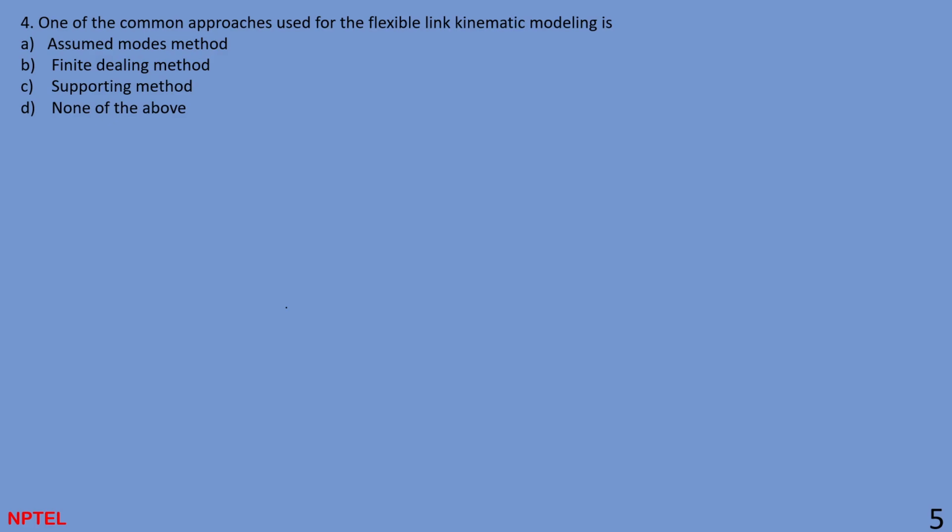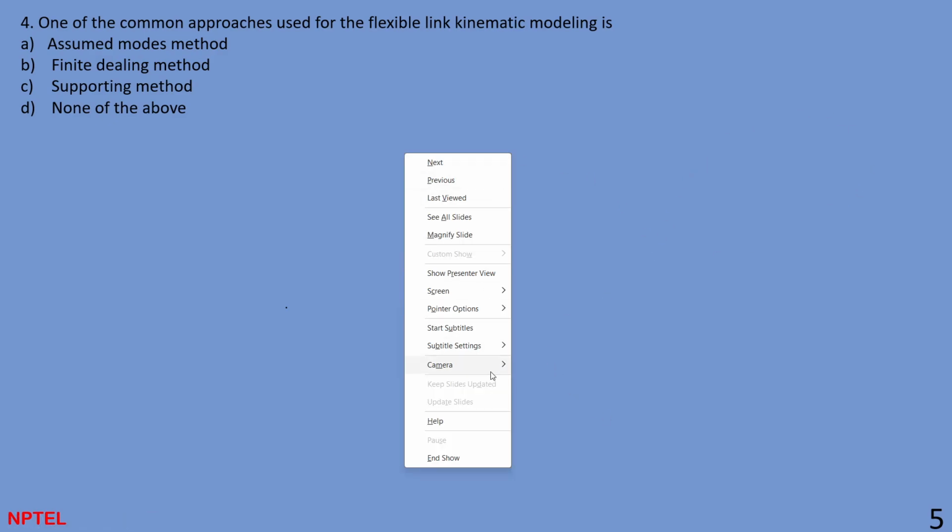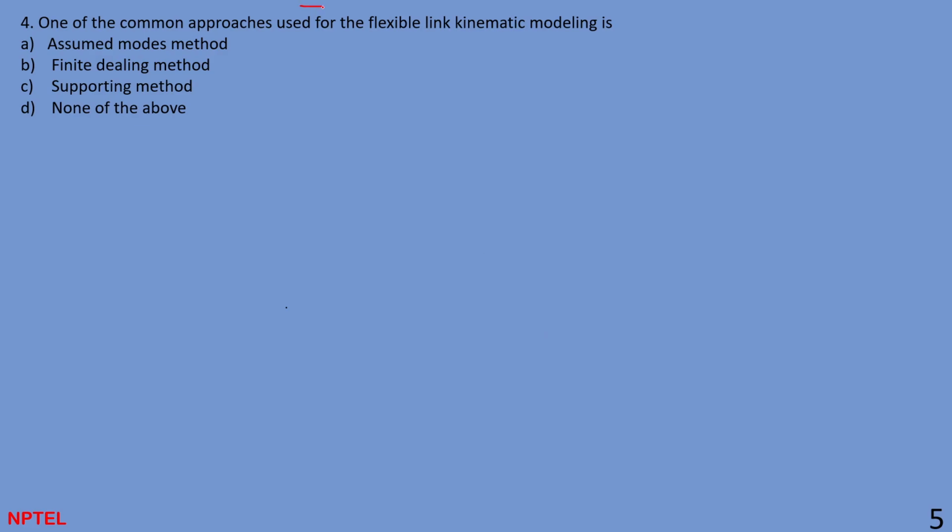Then going to the fourth question, one of the common approaches used for flexible link kinematic modeling. When you solve such problems in rigid links, you can easily calculate. But for a flexible link, you also need to calculate the deflection, right? And if you remember, Professor Felix solved W for 4 modes.